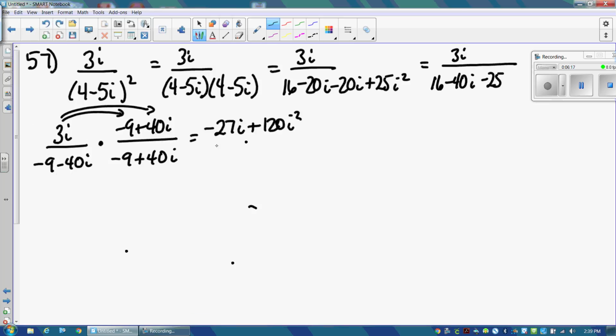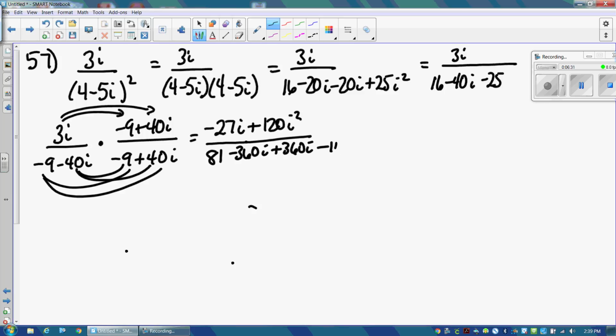Move it back. Okay. And then on the bottom, it's going to be negative 9 times negative 9, which is 81, minus 360i, plus 360i, and then minus 1600i squared.